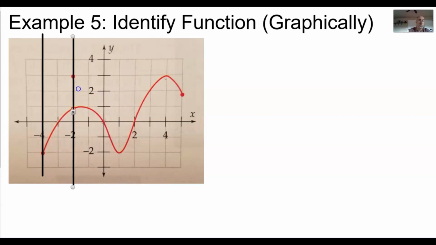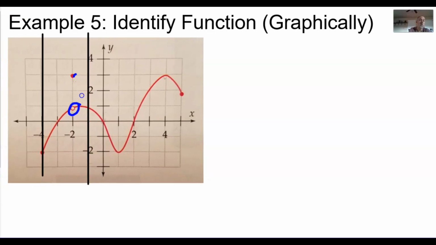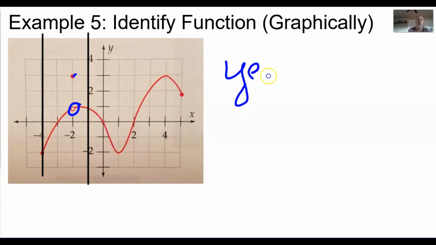Now notice that when it gets to this point right here, this open circle means that's not a part of the graph, and this circle up here is. So even though it looks like it's crossing twice, it's still only intersecting this graph once. This is a function.